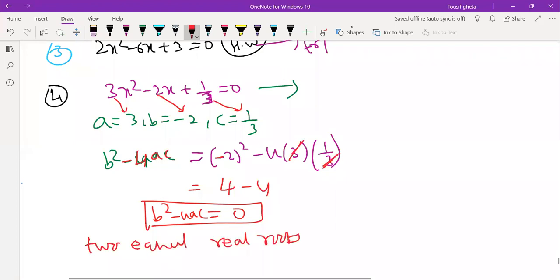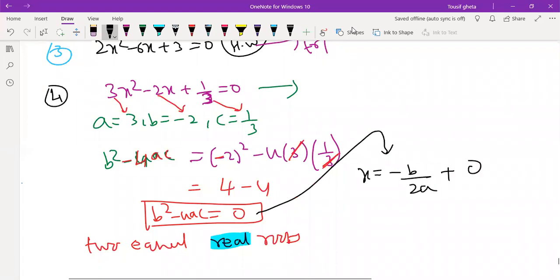If you get a real root, then you should find out that root by using the formula. x is equal to minus b by 2a. Direct formula you can use this. Whenever you get b square minus 4ac 0, you can use this formula because this part will get 0. Okay. So x is equal to minus b by 2a.